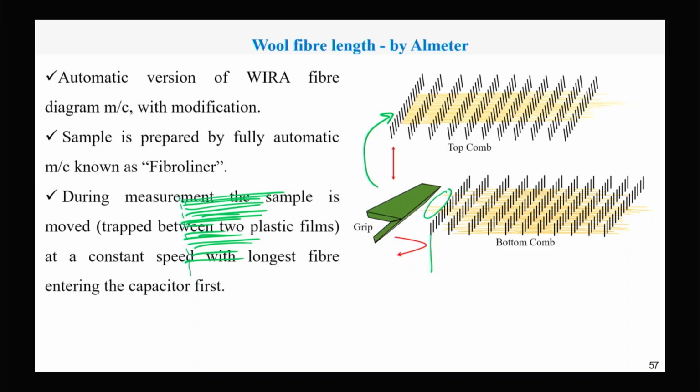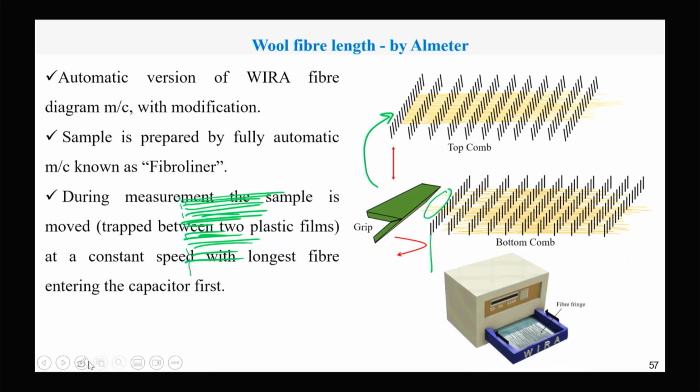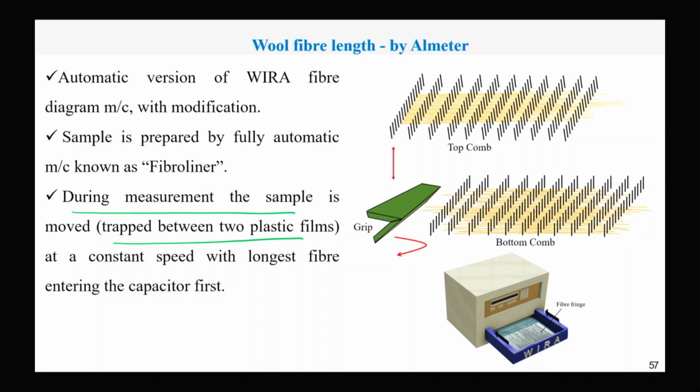So you can see here, the sample is trapped between two plastic sheets and moves at a constant speed, with the longer fibers entering the capacitance path.